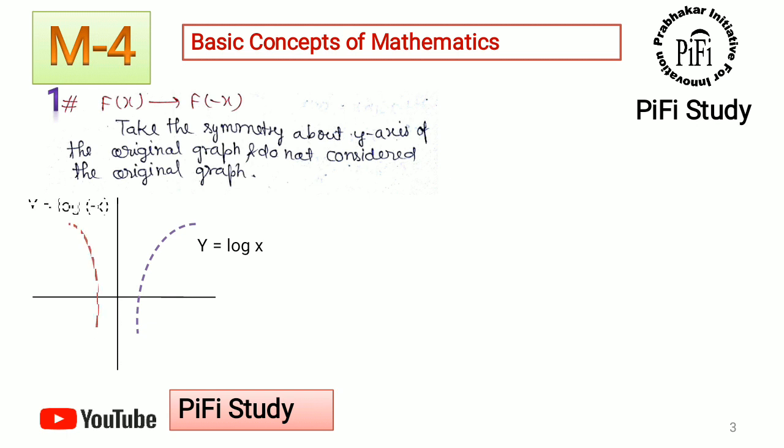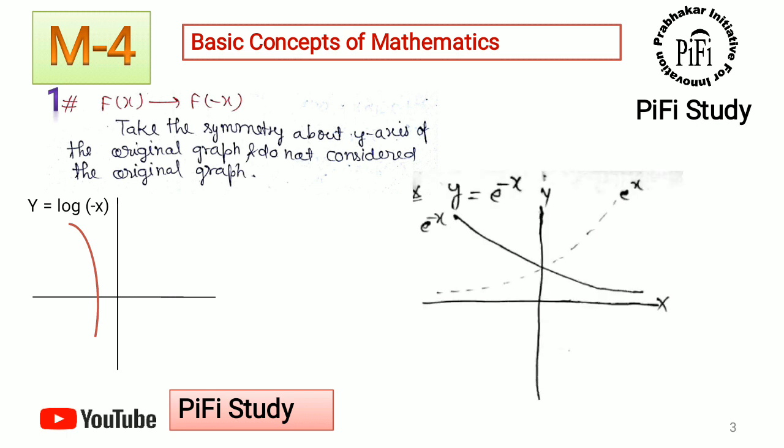So if you put the mirror on the y-axis, you will get this graph, and this graph is nothing but y = log(-x). And don't consider the original graph. So what we will do? We will remove the graph y = log x. So now we have the graph y = log(-x).